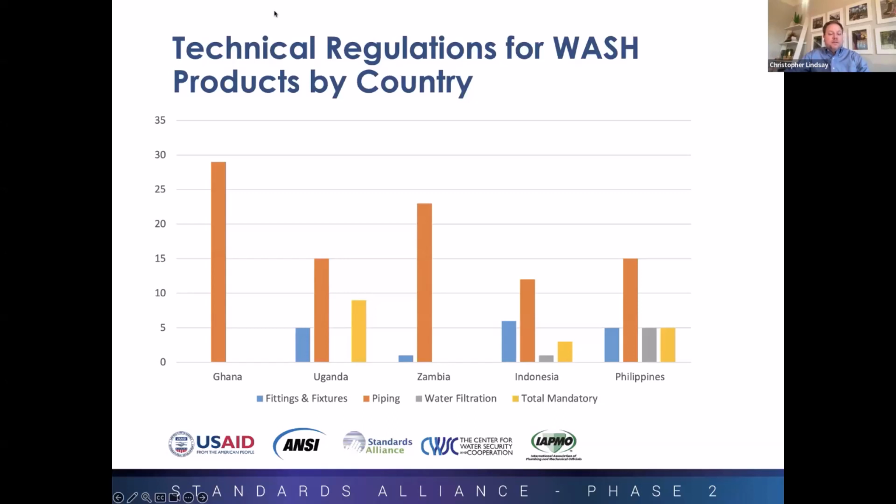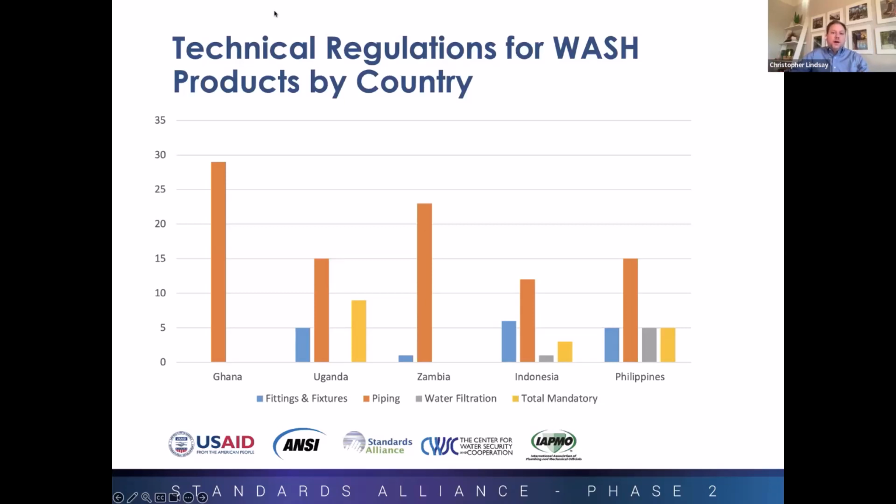However, as you can see from the slide, reality paints a slightly different picture. Across the globe, we see that countries have taken the most interest in piping, and we were surprised to find out how few of these countries have actually taken action on things like water filtration technologies. This slide is helpful in illustrating the gaps and also the opportunities that exist to help formalize the product markets in each of these countries.